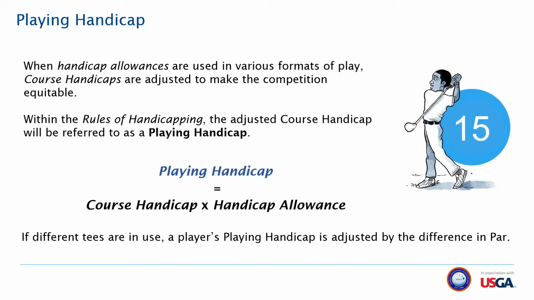If you note the animation on the right, a 15 handicap player's playing handicap would be his course handicap of 15 times his allowance of 0.85, resulting in a playing handicap of 13. So there will need to be an adjustment when players compete from different tees where par is different, but this happens much less frequently than players competing from different tees with a different course rating.